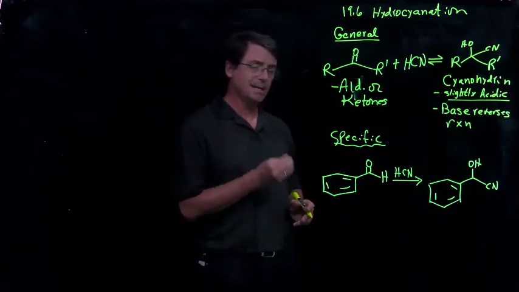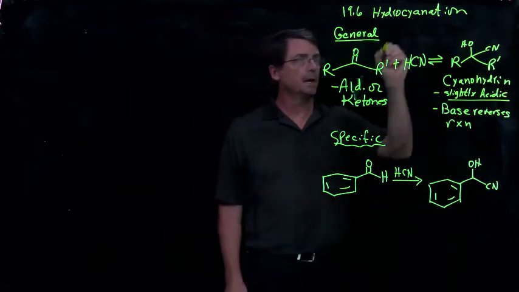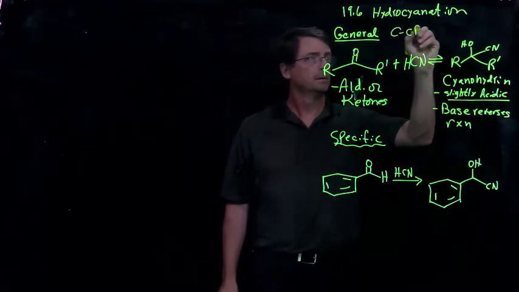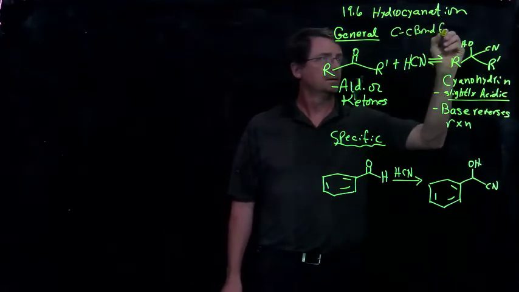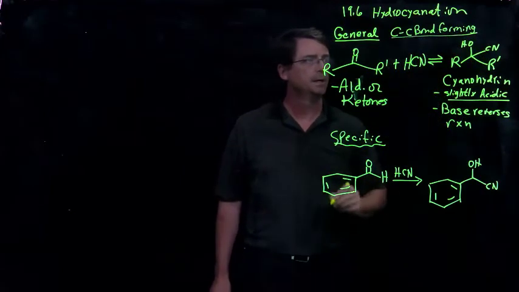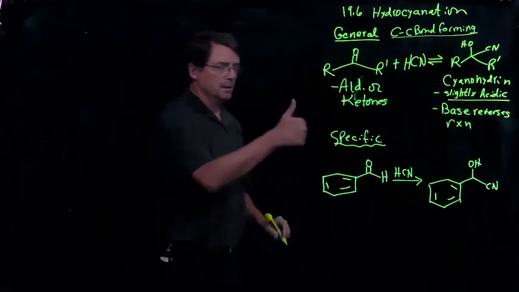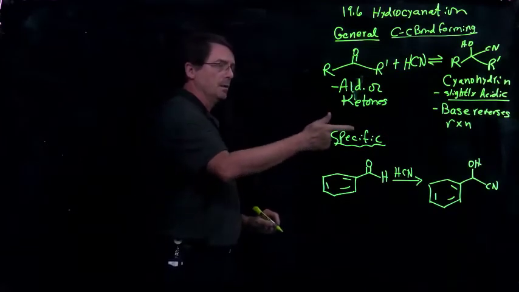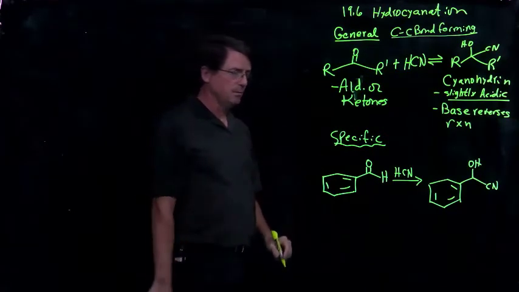Again, this is a carbon-carbon bond forming reaction. And you should be classifying all of your reactions, we're learning lots of them, in terms of carbon-carbon bond forming, carbon-halogen, carbon-oxygen, and so forth.